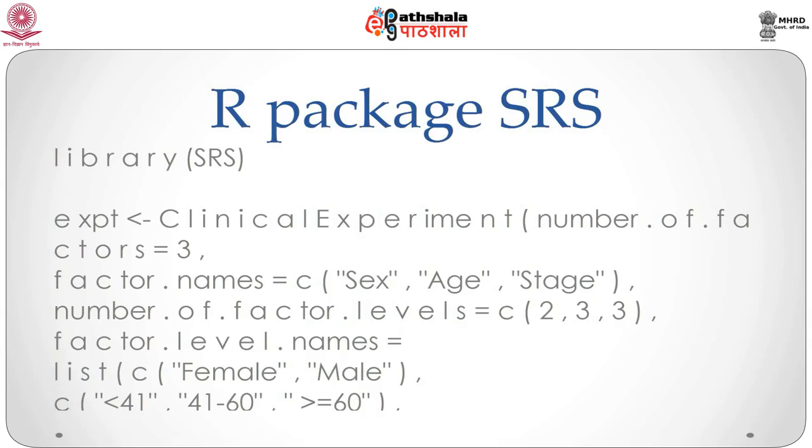To implement this, we would use randomizer randomize, subject ID equal to something, and factor values, say male, greater than or equal to 60, and 3. Then using the function last randomization of randomizer, we can get the treatment allocation for this subject.